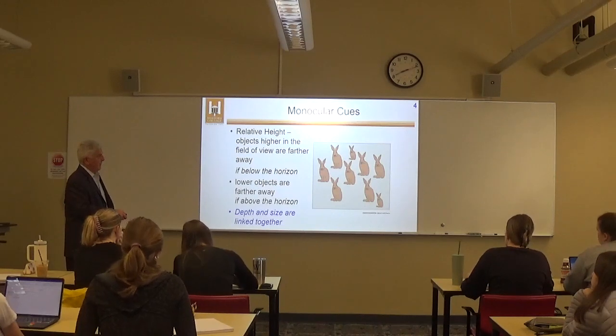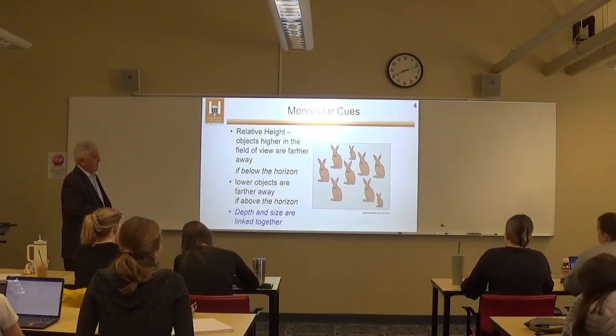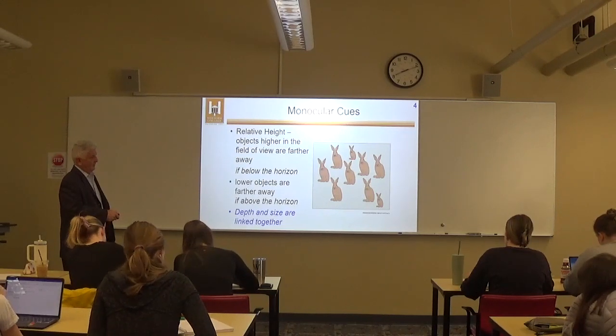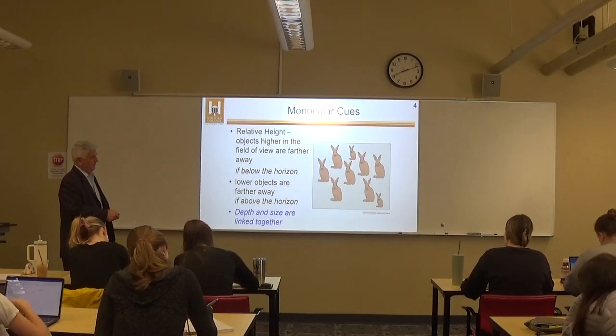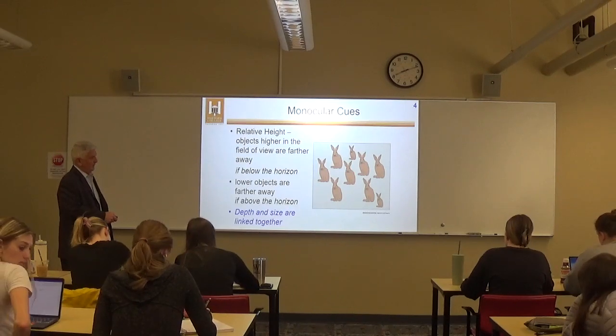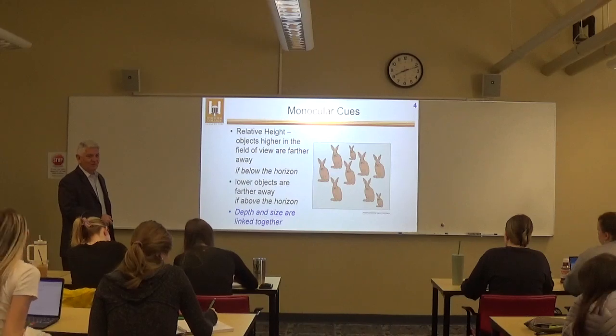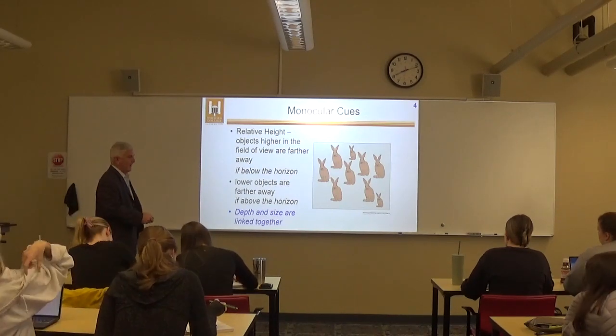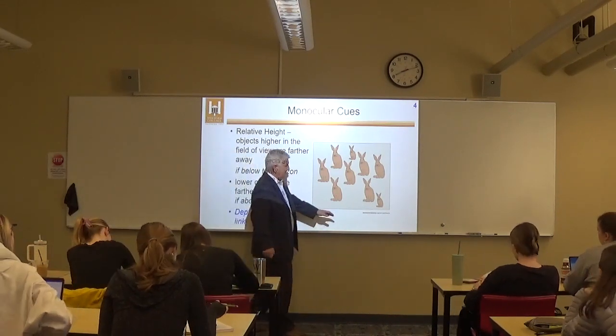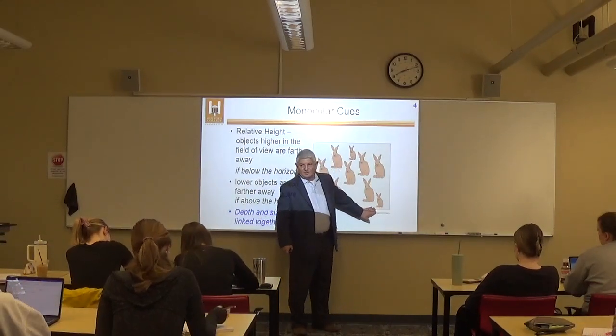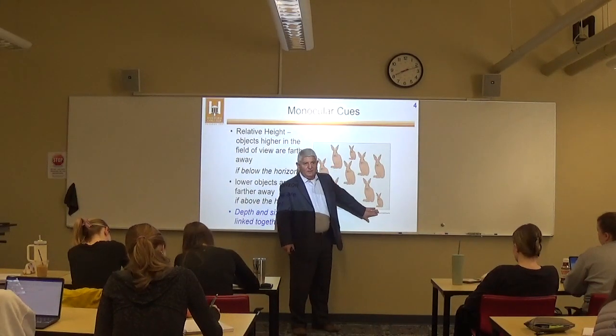This one? Right? So again, smaller size and higher in the picture tells us, hey, this one is sitting further away than these are. This down here is baby rabbit. Right? Because we reconcile the fact that the relative height can be a stronger cue than size.